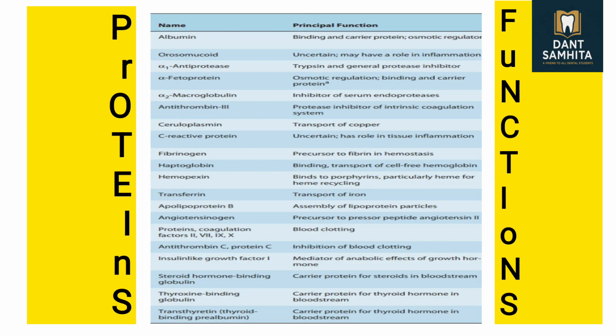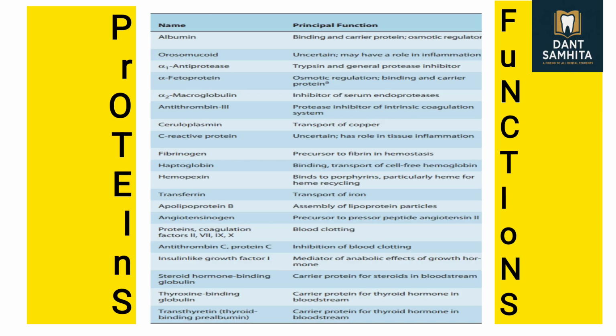Coming to the functions of the various plasma proteins, first is albumin. This is a binding and carrier protein and helps in osmotic regulation. So this is very, very important. Next is orosomucoid, whose role is uncertain; it may have a role in inflammation. Alpha-1 antiprotease, which is also part of alpha-1 globulin, is a trypsin and general protease inhibitor.